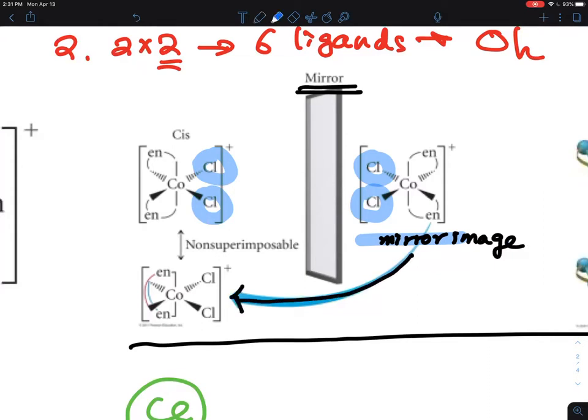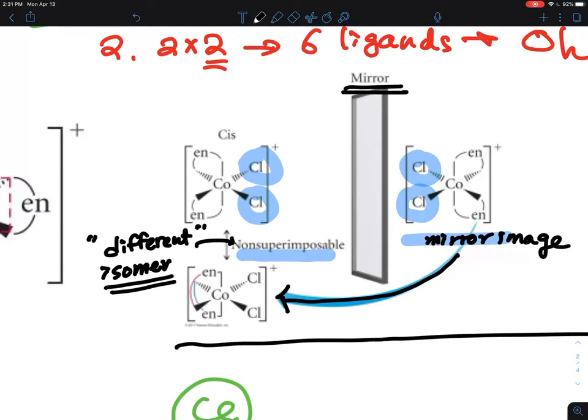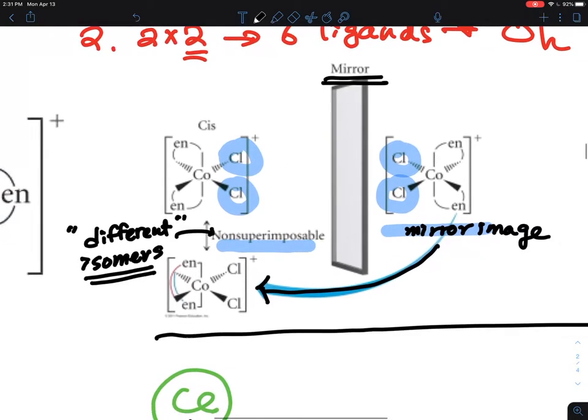They are not superimposable. What that means in plain English is that they are different, and different means they are isomers: the same connectivity but a different spatial arrangement. So they are isomer pairs for the cis.